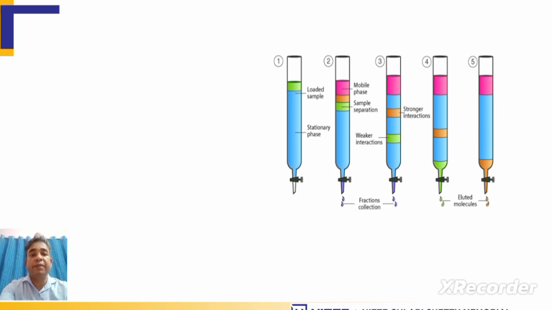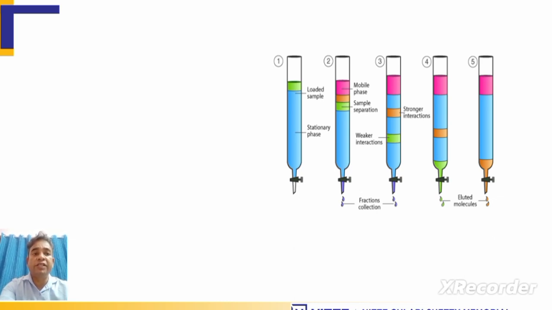As I said in the previous class when discussing the principle of adsorption chromatography, the sample undergoing separation spends time both in the mobile phase and in the stationary phase. Components strongly bonded with the stationary phase move slowly, and those with lesser interaction move faster, spending more time in the mobile phase.